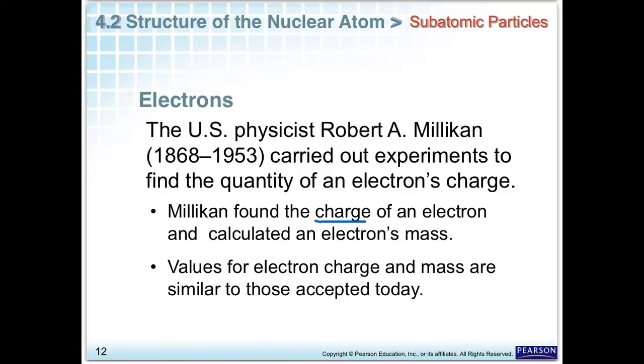By finding the charge of the electron and using Thomson's charge to mass ratio, he was able to calculate also the electron's mass. So Millikan is credited for finding the charge and the mass of an electron. And the values that he came up with are very similar to those our accepted values today.